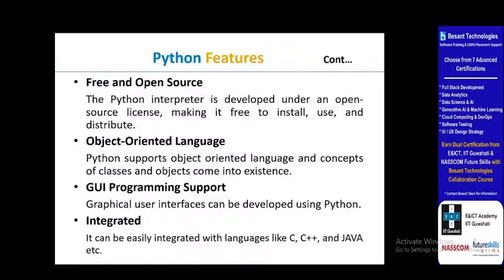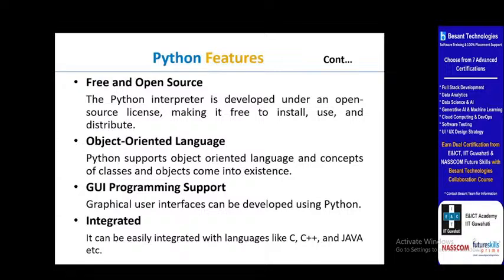And it can be integrated with other languages. One more important feature is the vast support of libraries. What do you mean by libraries? Python has vast support of libraries, already built functions. It's a collection of predefined functions or packages. The Python standard library is huge, and you can find almost all the functions needed for your task.